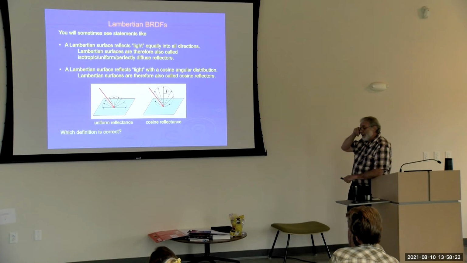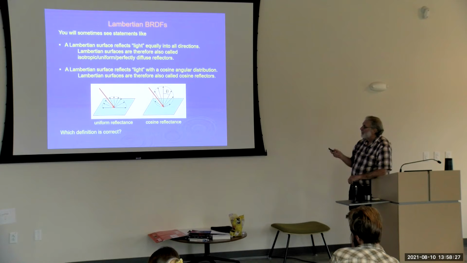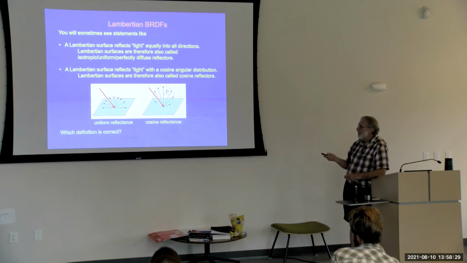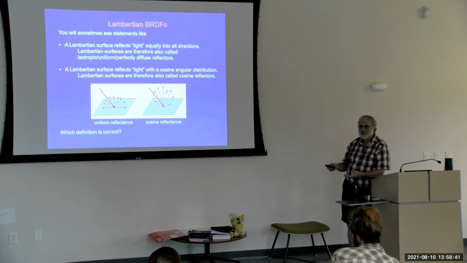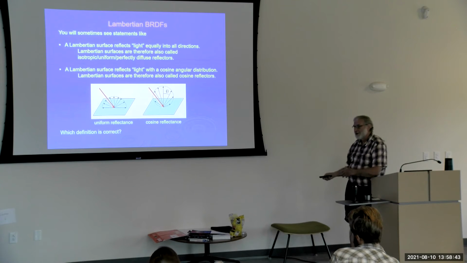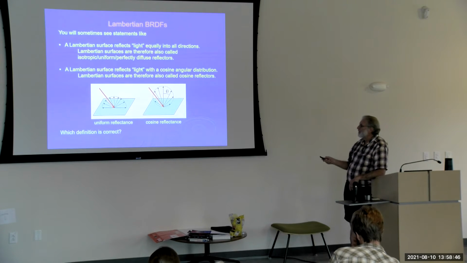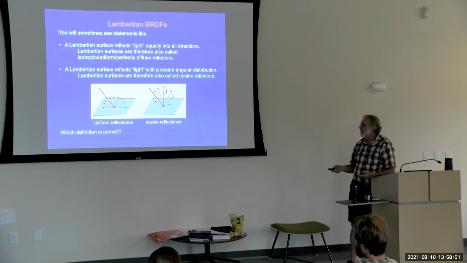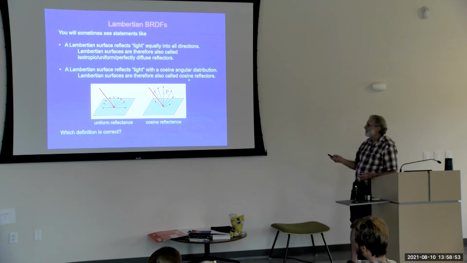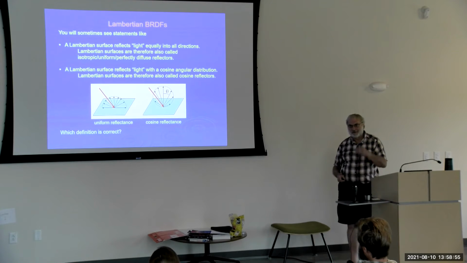Okay, so this business of Lambertian BRDFs is kind of confusing. You'll read a paper and they'll say a Lambertian surface reflects light equally into all directions. Lambertian surfaces are therefore called isotropic or uniform or perfectly diffuse reflectors. And then you'll read another paper and it'll say a Lambertian surface reflects light with a cosine angular distribution, and therefore Lambertian surfaces are also called cosine reflectors.